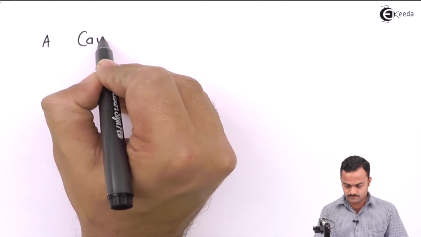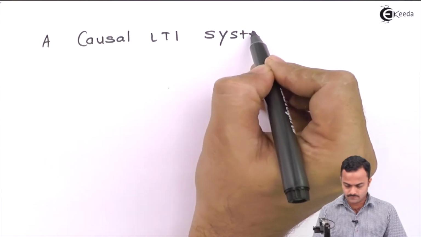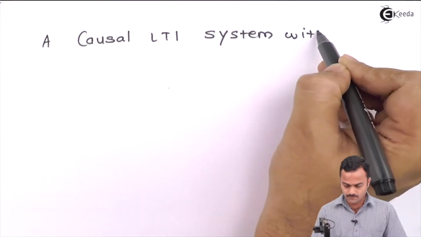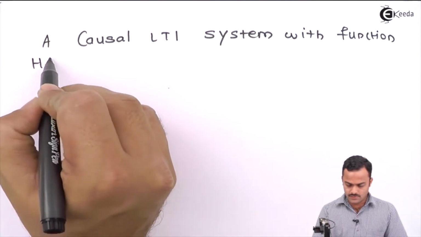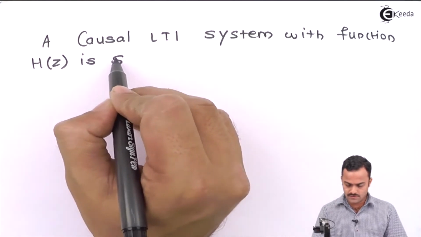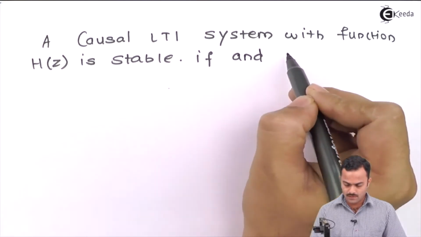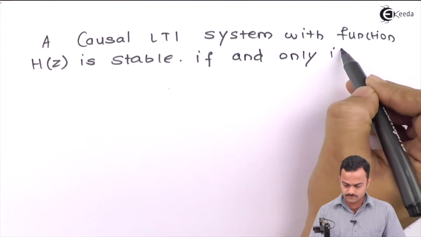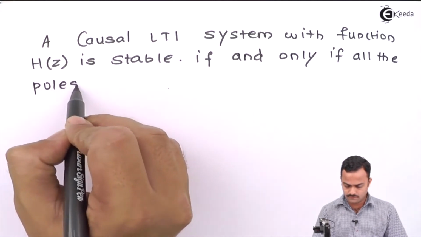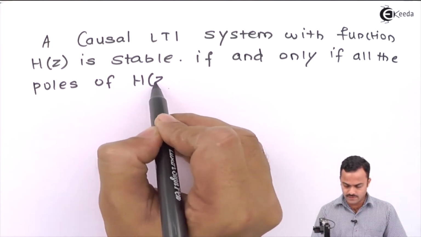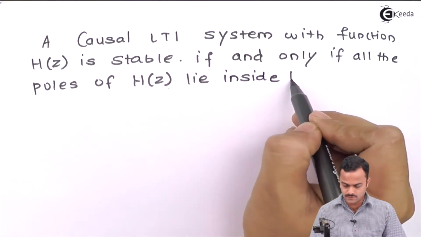A causal LTI system with function h of z is stable if and only if all the poles of h of z lie inside the unit circle.